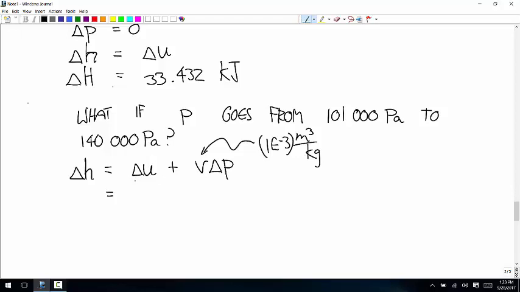So we have 16.72 plus 1 times 10 to the minus third times the change in pressure, which is 140,000 minus 101,000.